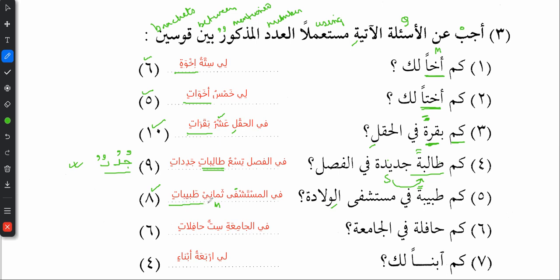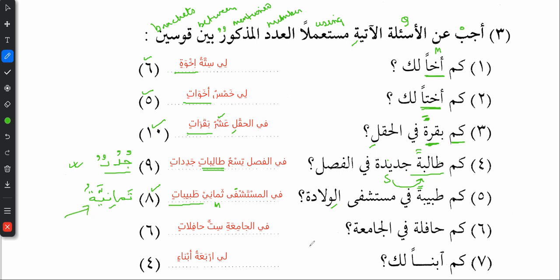Now what happens when this thamani is a feminine number? Thamaniya. Then there is no deletion, it will be thamaniyatu with the ta marbuta, and the ya will remain intact. Thamaniyatu when it is a feminine number 8.